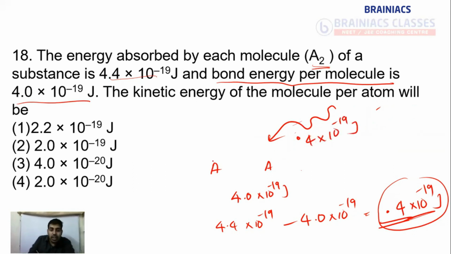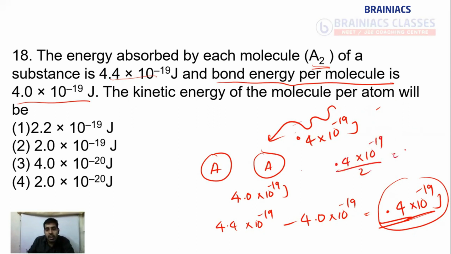Now they will equally distribute this energy, that is 0.4 into 10 raised to minus 19 by 2, which is 0.2 into 10 raised to minus 19 joules each.